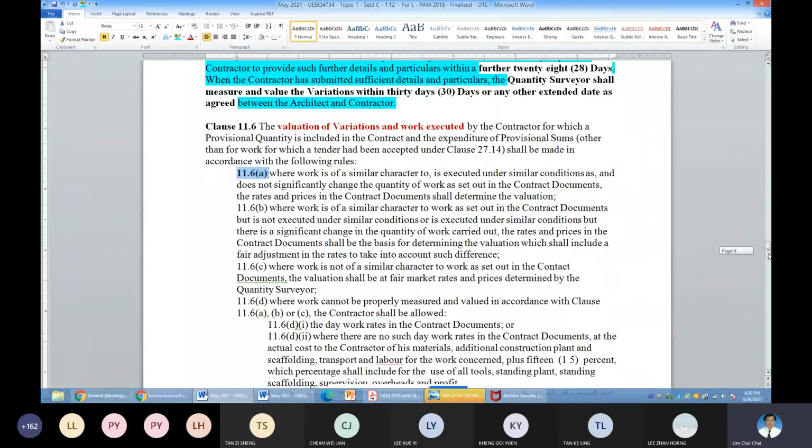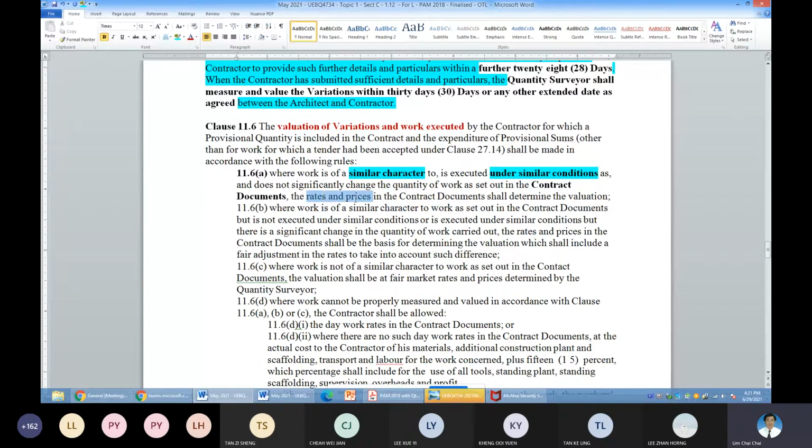Where your contract document rates are applicable. So you have to use your contract document rates for works that are of similar character, number one, and similar condition. So that means the work must be executed under similar character and similar condition. Then the contract document rates and prices must be used for the evaluation.